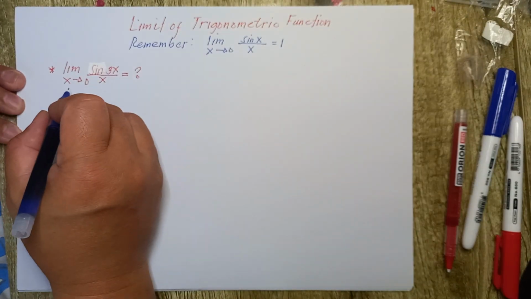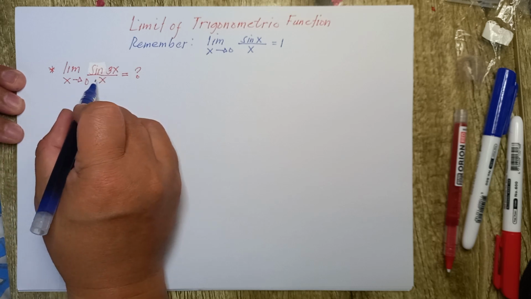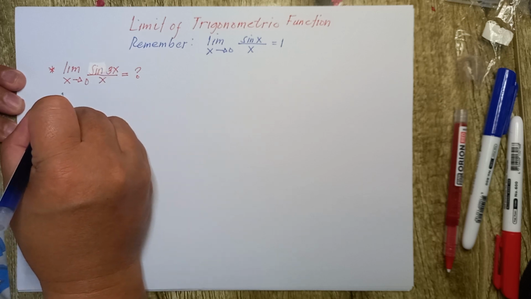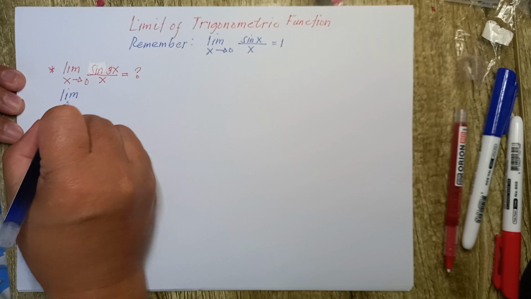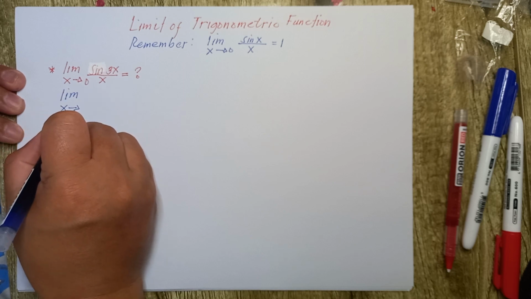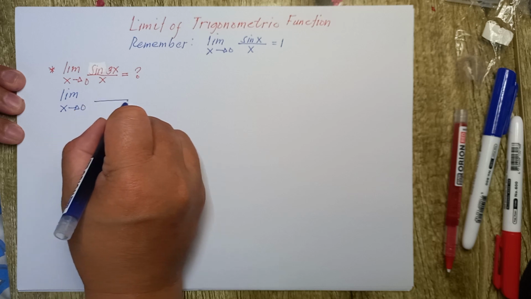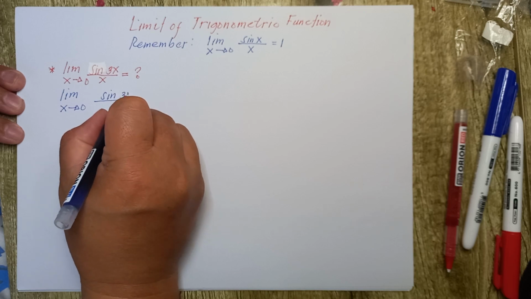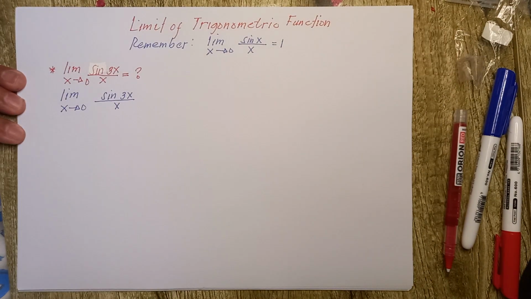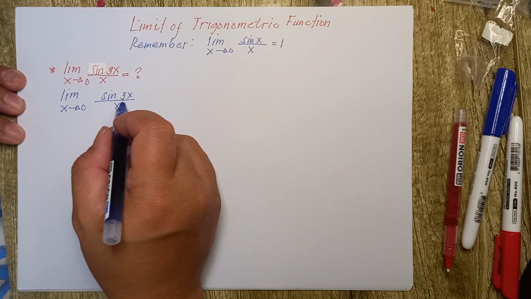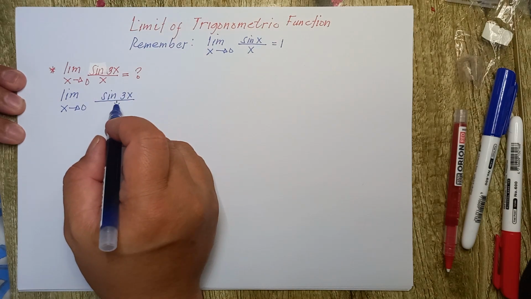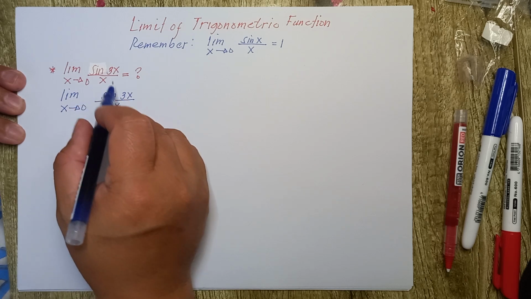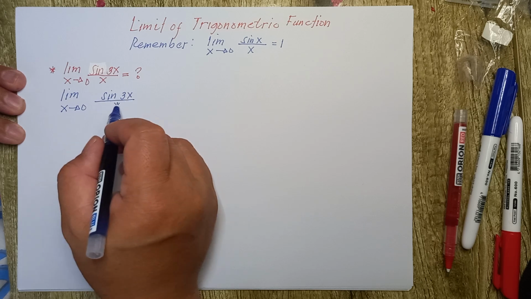We look for our multiplier so that the denominator, which is x, will become 3x. If we rewrite the problem, the limit as x approaches 0 of sine 3x over x. Now what would be the multiplier so that it never changes the problem, but also gives a denominator of 3x, the same as the coefficient of the sine?